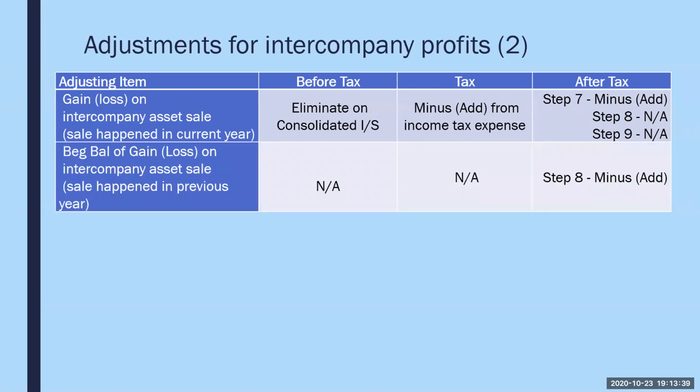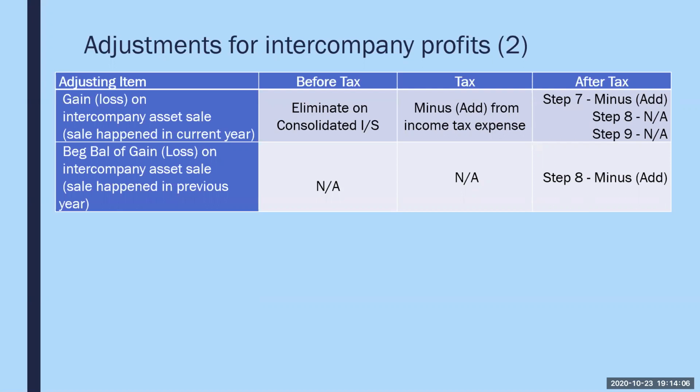Now, if we were dealing with the current year beginning balance of a gain or a loss on an intercompany asset sale, where the asset sale had occurred in some previous year. Well, if the actual transaction had occurred in some previous year, then there's no adjustment needed on the actual consolidated income statement.